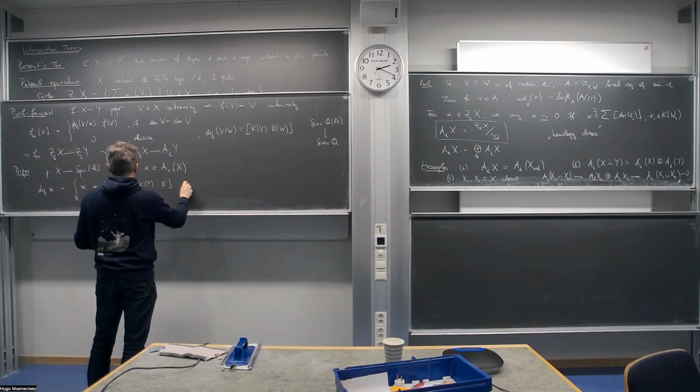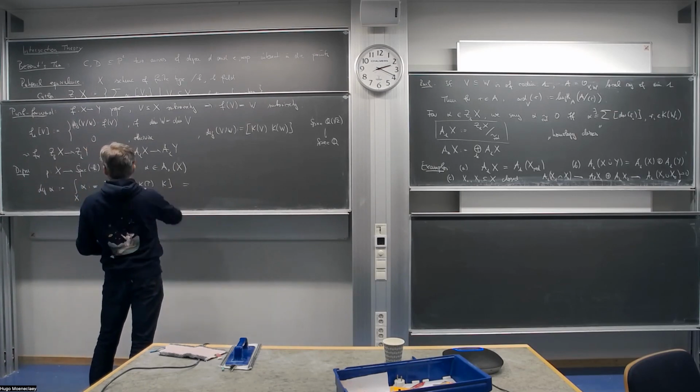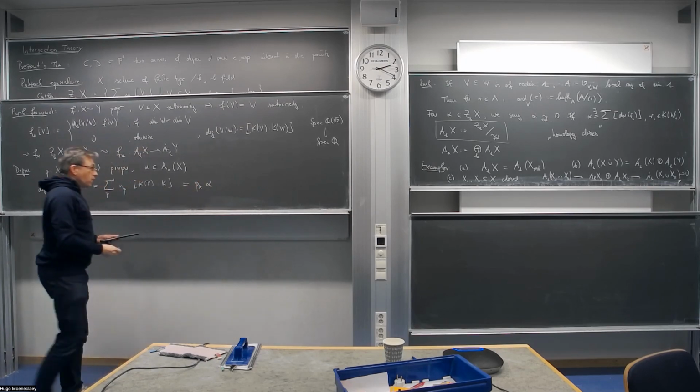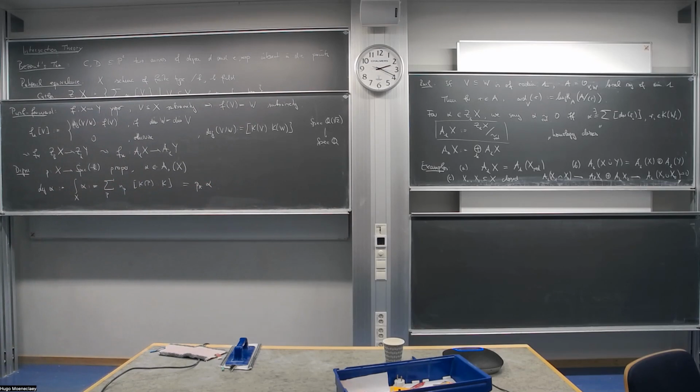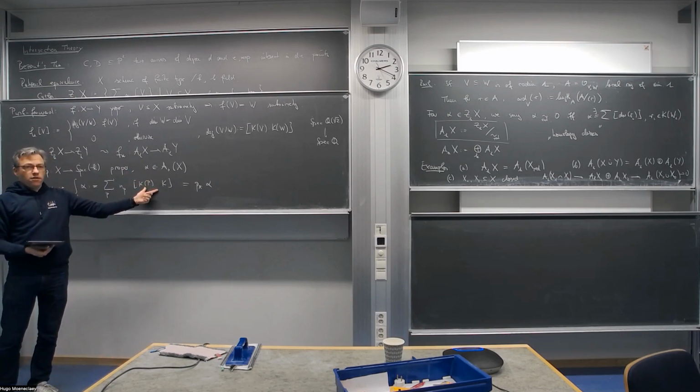This is nothing else than what we defined before. So we just count points in a zero cycle, but we have to keep in mind the degree of these points.